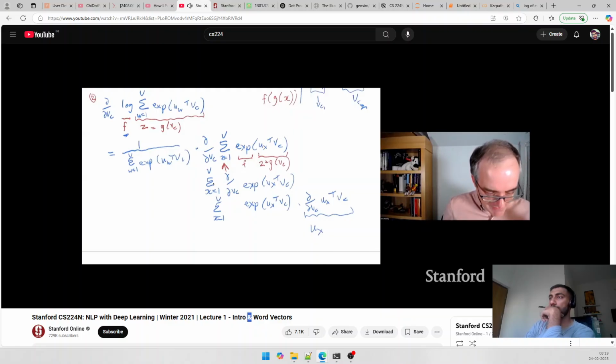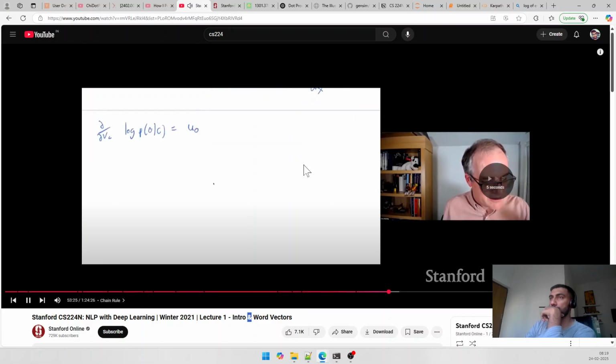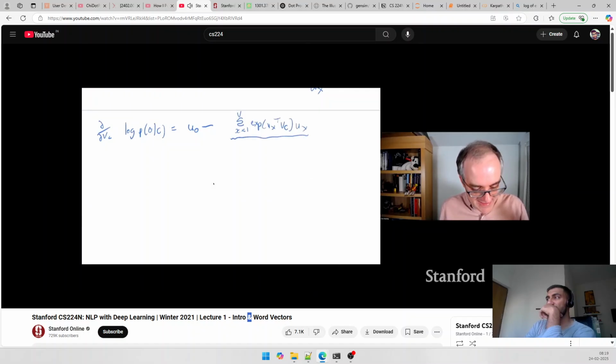So if we start putting all of that together, we have u0 minus the numerator sum over x equals 1 to V, multiplied by our first term that came from the 1 on x, which gives you the sum of w equals 1 to V of exp of uwTvc. And this is where the fact that we changed the variables became important.